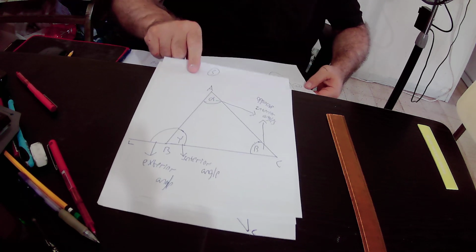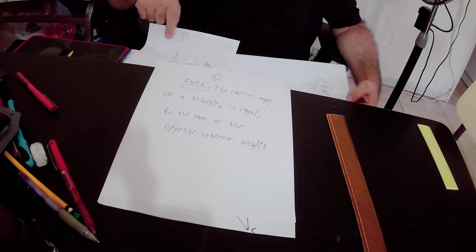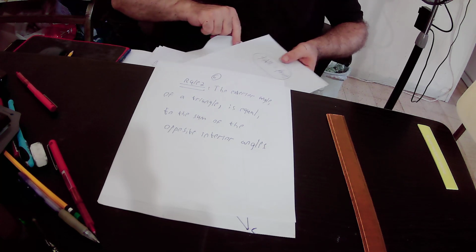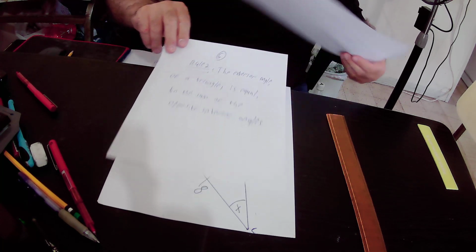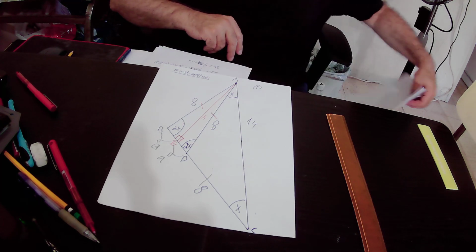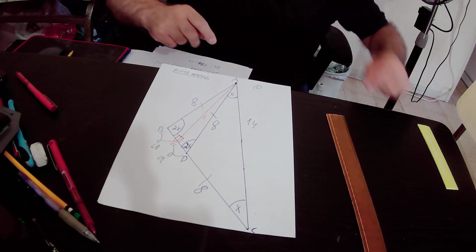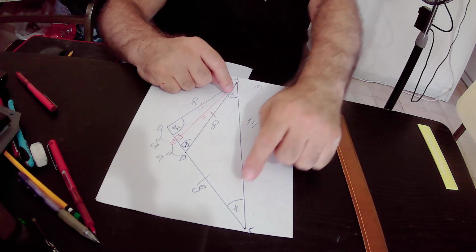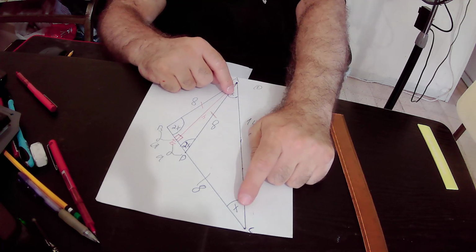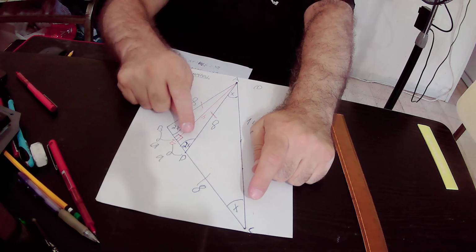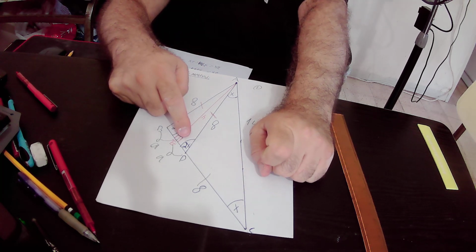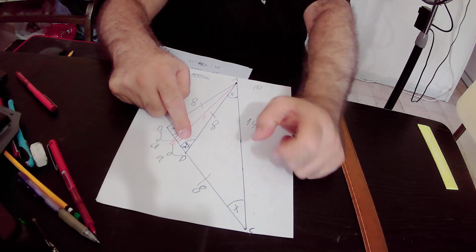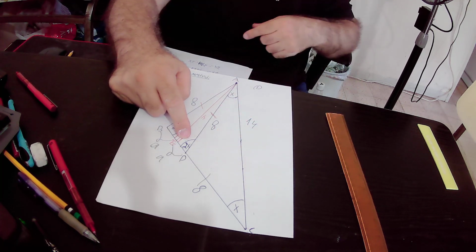Okay, so we can implement rule number 2 in our drawing, because we have triangle ADC that has two interior angles, and this angle ADB is an exterior angle in relation to triangle ADC.